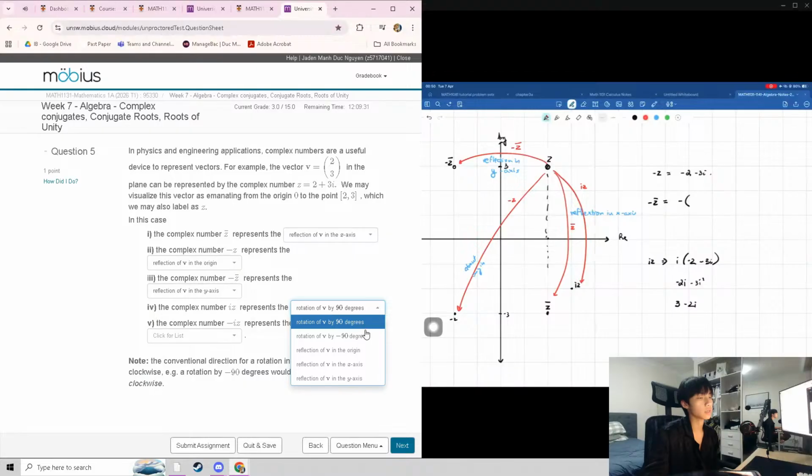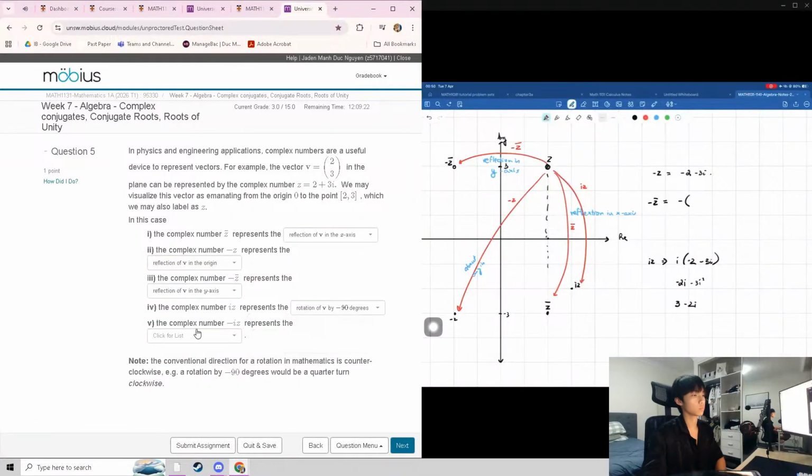iz. It looks like this rotation. Is there anything else?